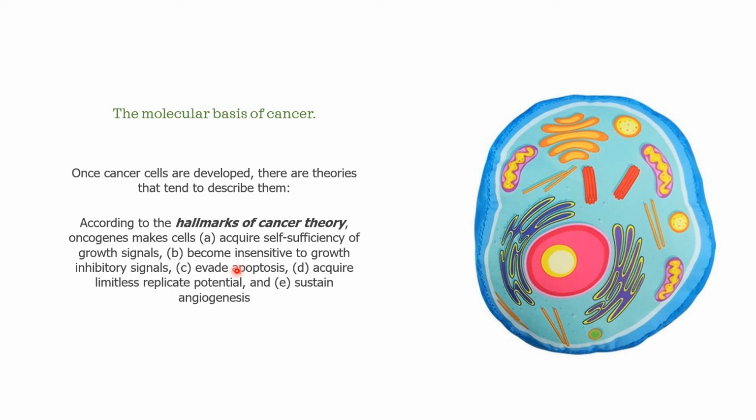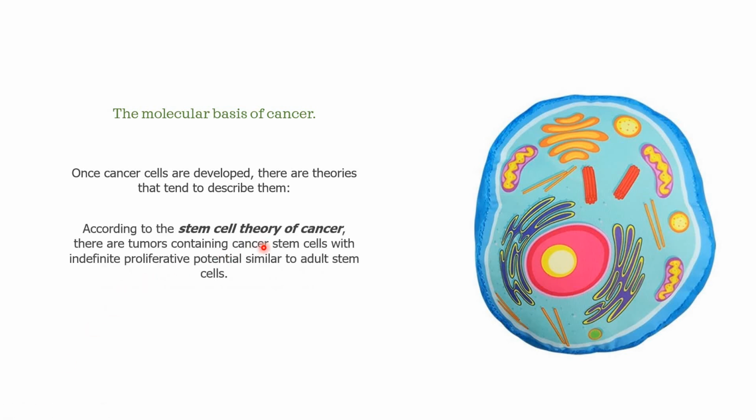Diba? So, since na-inactivate na siya, evaded na rin ang apoptosis. Next one is it acquires limitless replicative potential, which is actually also because P53 is already deactivated. And then lastly, it sustains angiogenesis. Angiogenesis is the production of blood vessels, say capillaries, arteries, and veins.